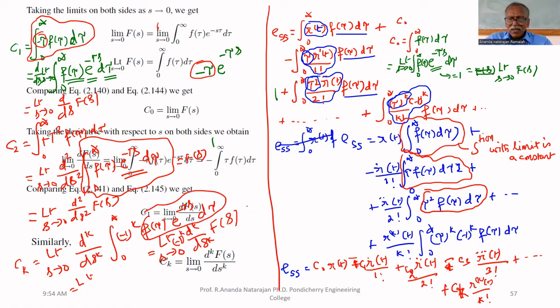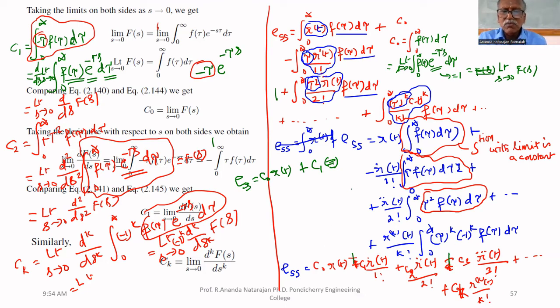What is steady state error? Steady state error equals C0 times the input r of t, plus C1 R dot of t divided by 1 factorial, because the minus 1 is embedded in C1. That's why I put plus sign only for all.